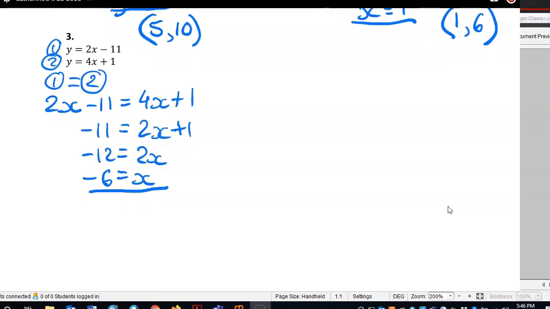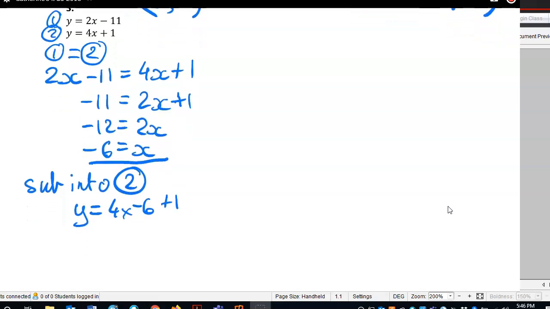And then, knowing that, I'll sub into, just to make it a change, sub into 2. So y is equal to 4 times negative 6 plus 1.